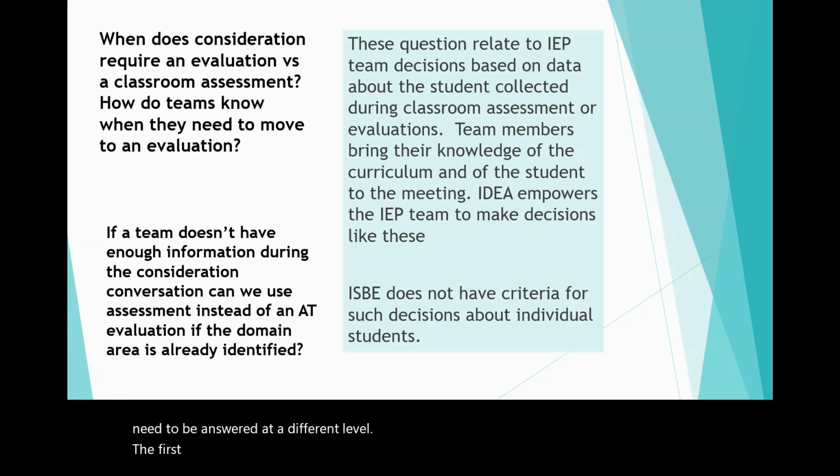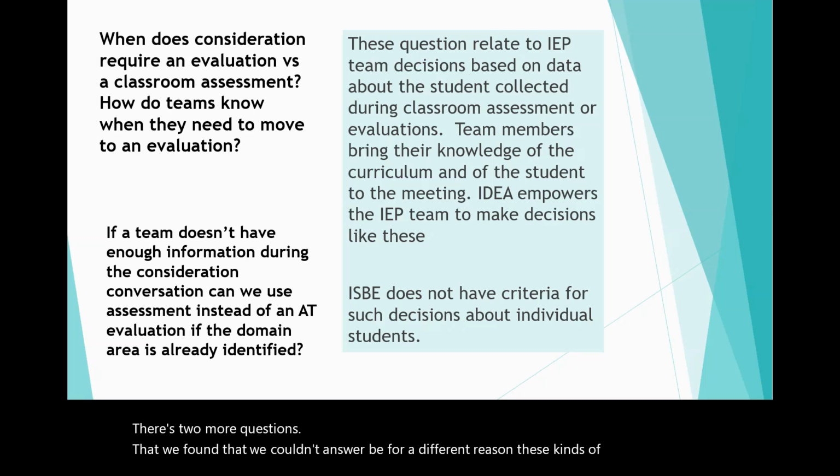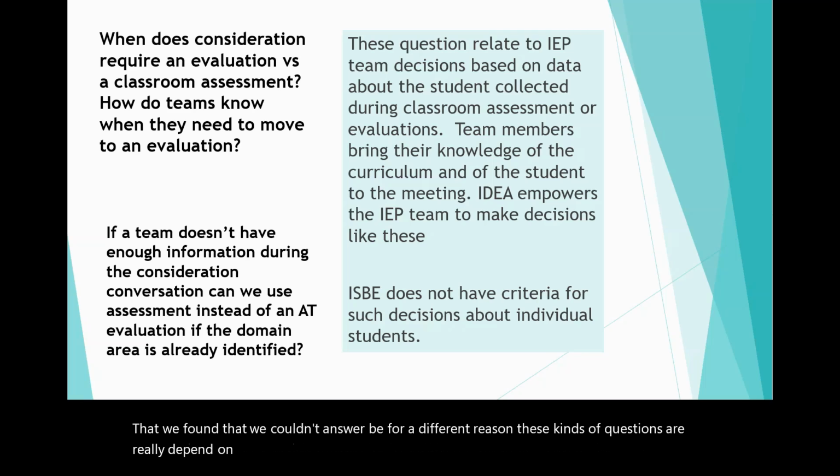Here's two more questions that we found that we couldn't answer for a different reason. These kinds of questions really depend on what the data about an individual student that was collected during classroom assessment or evaluation has to offer.